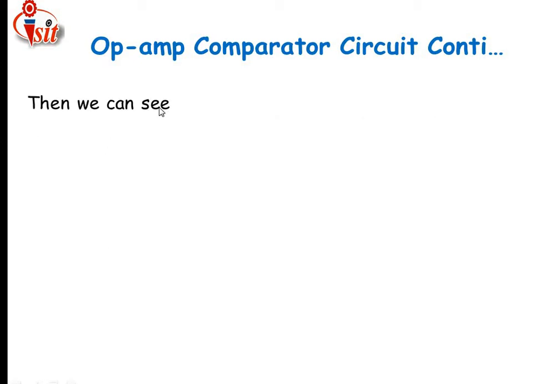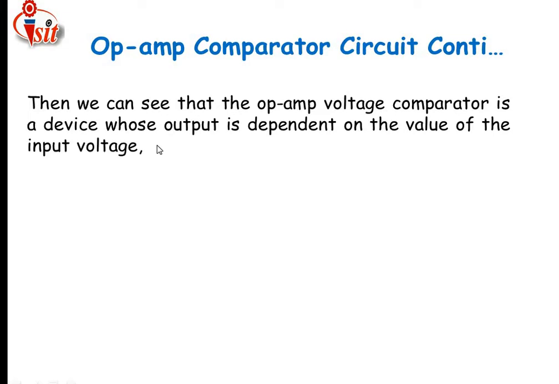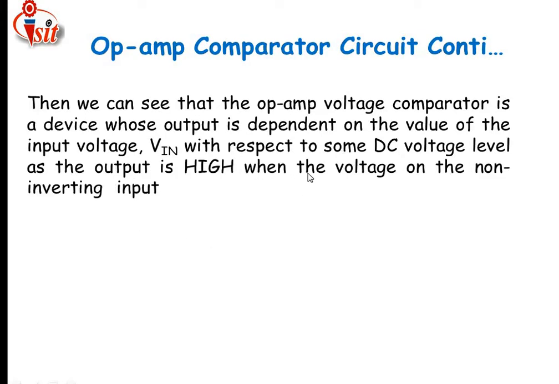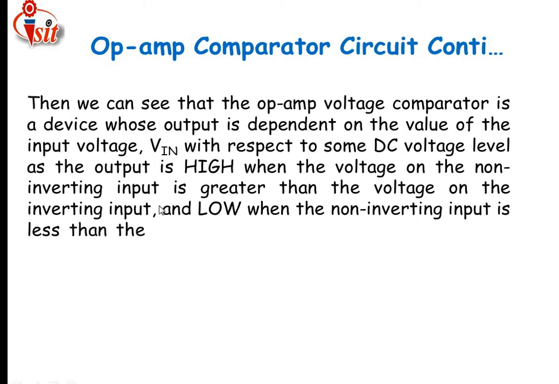Along with this, we can see that the op-amp voltage comparator is a device whose output depends upon the value of the input voltage, that is Vin, with respect to some DC voltage level. The output is high when the voltage on the non-inverting input is greater than the voltage on the inverting input, and low when the non-inverting input is less than the inverting input voltage.